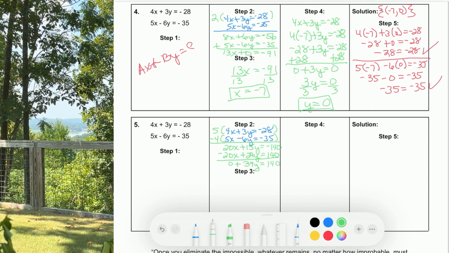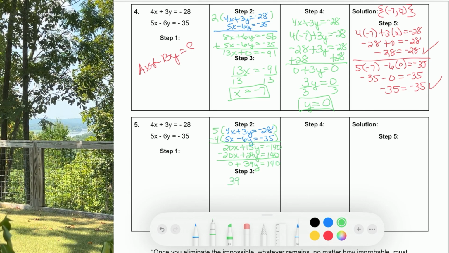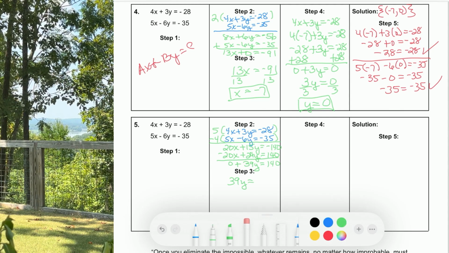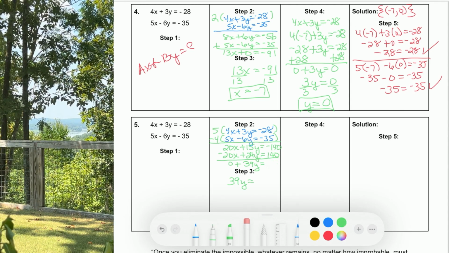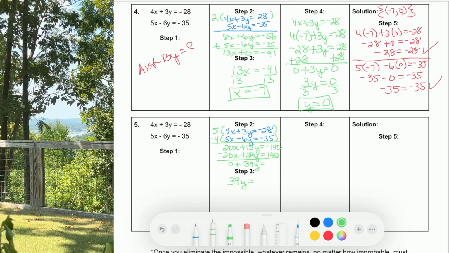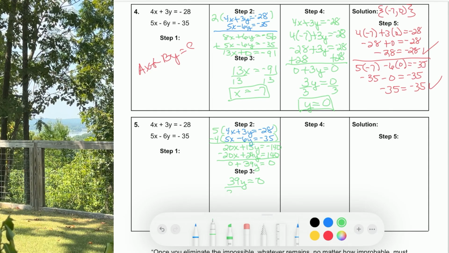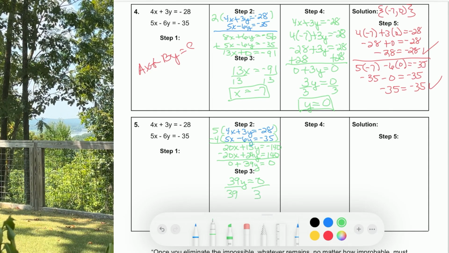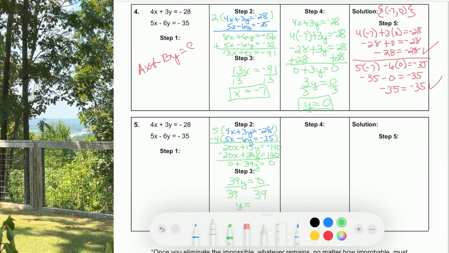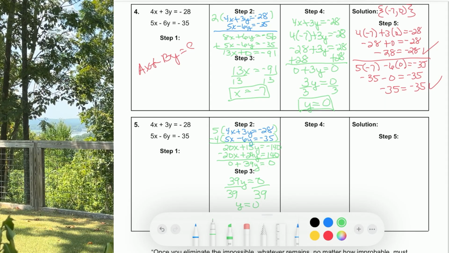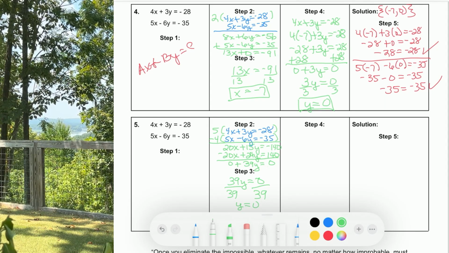All right, and then we have down here step 3, 39y equals, oh, actually those 140s cancel each other out. I almost missed that. So actually negative 140 plus 140 is 0. So 39y equals 0. Divide both sides by 39, and I get y equals 0, which is what we got the first time through.